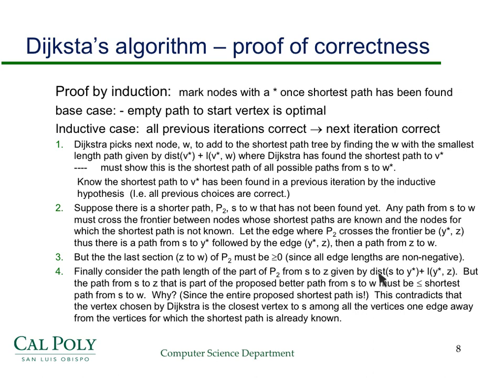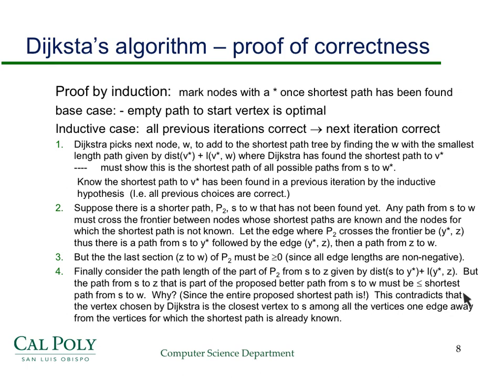That distance, S to Y star, that's the shortest path from S to Y star, plus this edge, that can't be better, right? Because this gets compared back to this thing that Dijkstra picked. And Dijkstra picked the shortest ones of things that look like this. So this has got to be bigger than that.